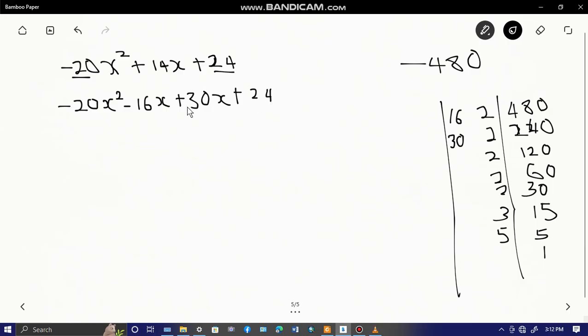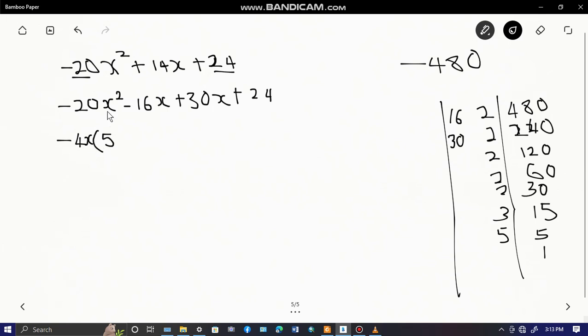And then from there, with the four terms we can factorize. Take a common factor from the first group, which is negative 4x.